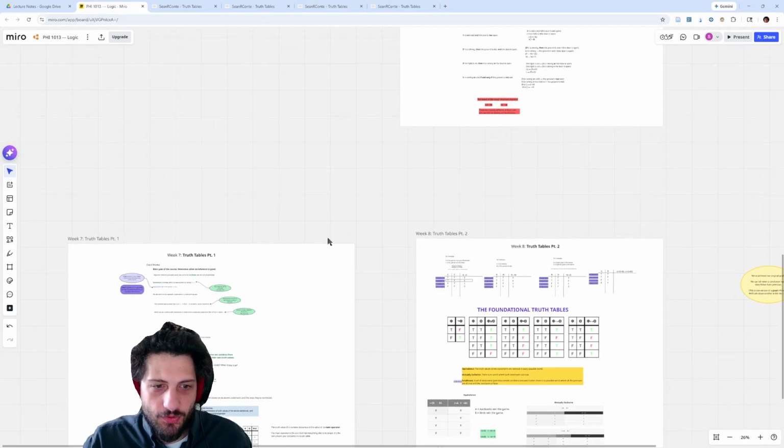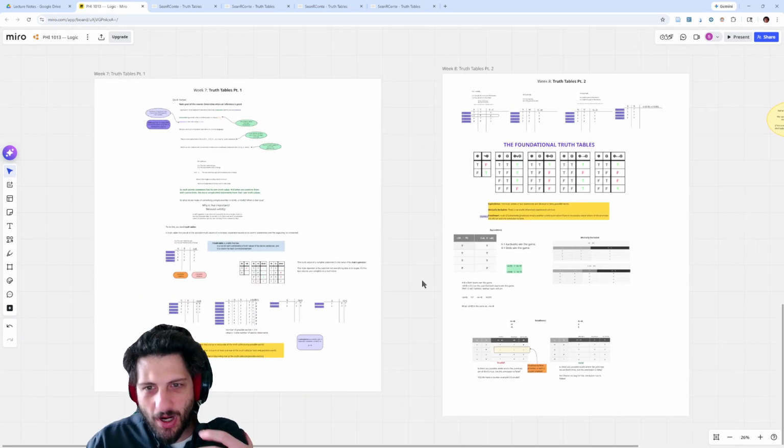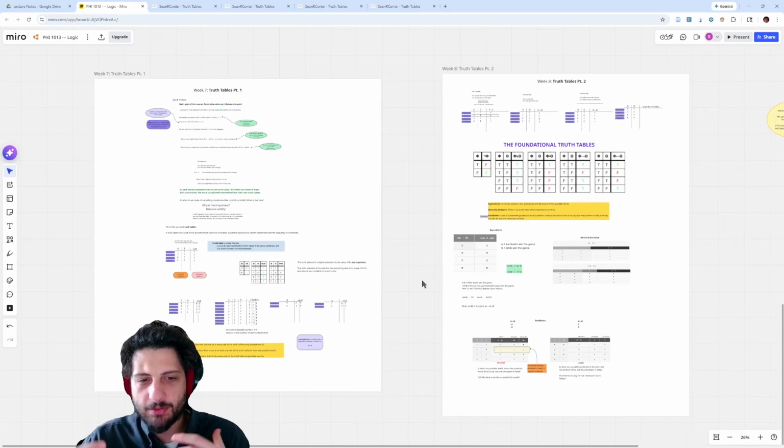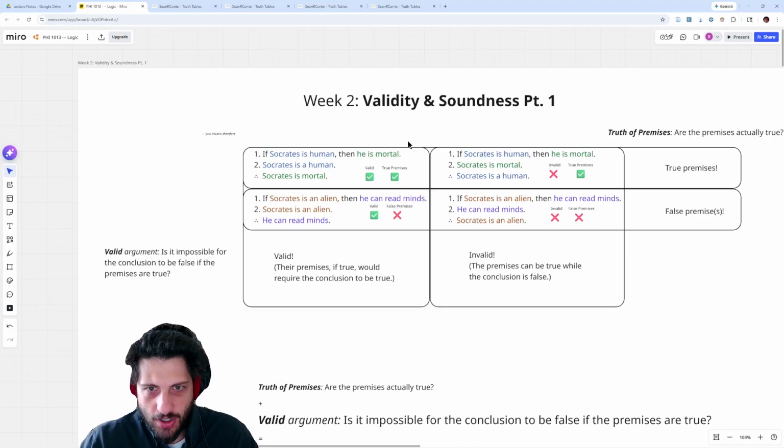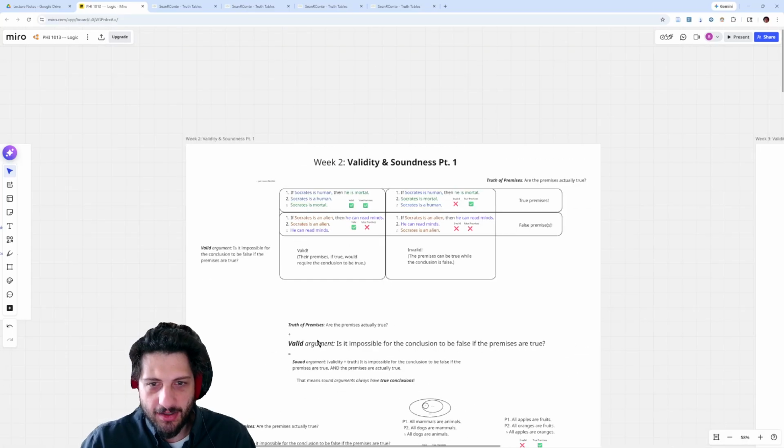And now that we have truth tables, now that we're able to list out all of the possible truth combinations of these statements, we can revisit, as we did last week, this question of when arguments are valid.